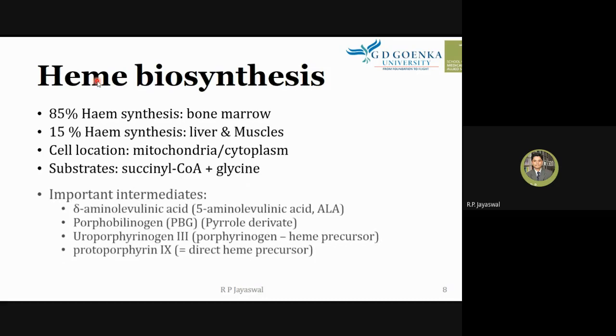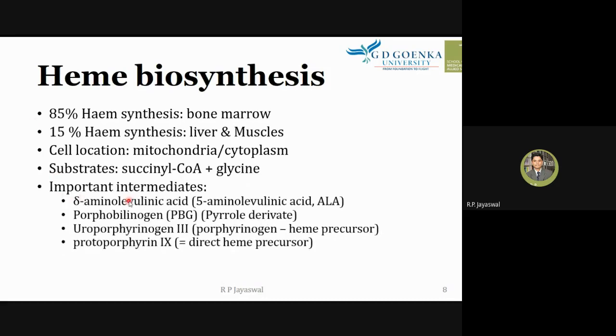Very important intermediates produced during the production of heme are delta aminolevulinic acid, porphobilinogen, uroporphyrinogen III, and protoporphyrin IX. So these are four very important intermediates which are synthesized during heme biosynthesis, right?